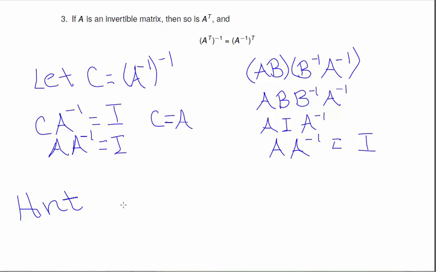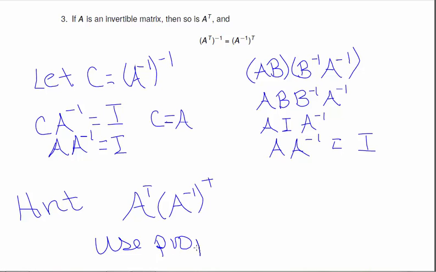It's going to be similar to the last one. Let's multiply A transpose times A inverse transpose to show that this is the inverse. And I'm also going to tell you to use properties of the transpose. So there's your hint.